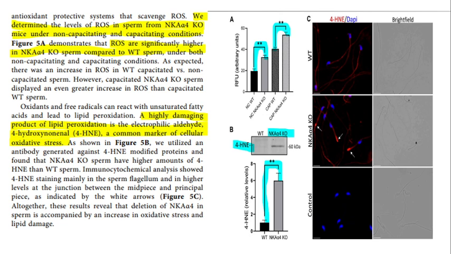They also did a blot here, shown in figure B, showing that in the wild type you don't have this 4-HNE marker, but in the knockout one you see the 4-HNE marker, resulting from an oxidation of the lipids from the membrane, which is a problem. You have higher damage happening in the cells.